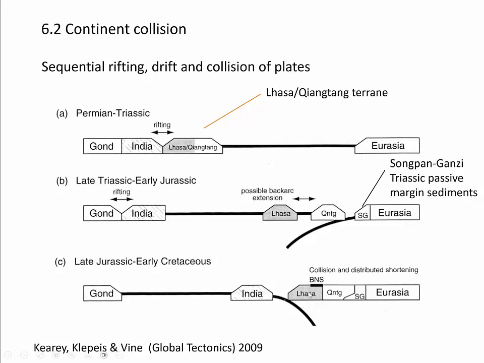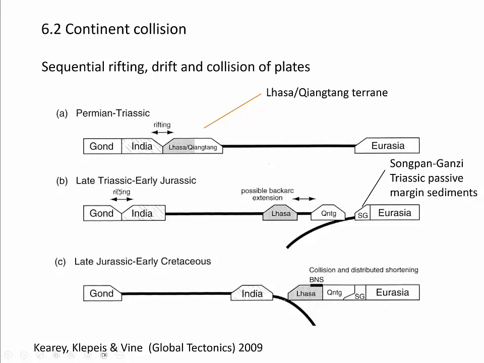In the late Jurassic, the first collisions occur. Both of these smaller terrains collide with Eurasia and they overprint the Songpan-Ganzi Triassic passive margin sediments which have formed along the margin of Eurasia. So here we see an example where a passive margin is overridden by an oncoming terrain, and we can see that the remnants of this back arc basin are preserved as ophiolites along the suture zone between the Lhasa and the Qiangtang terrain.